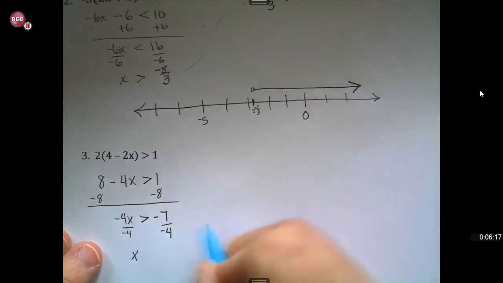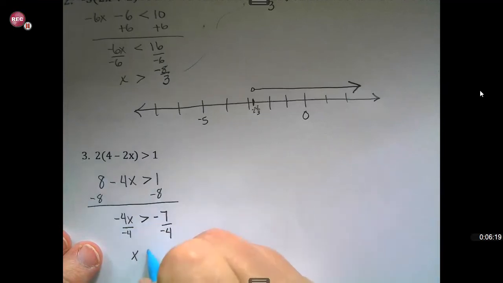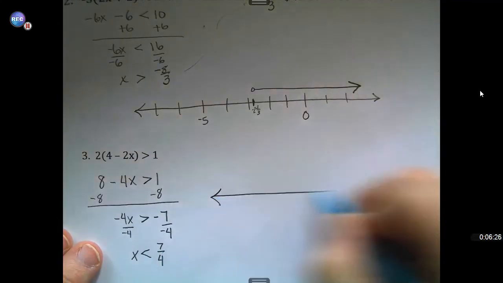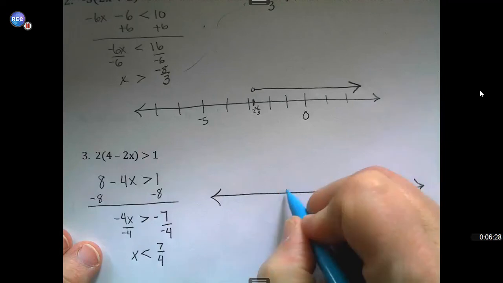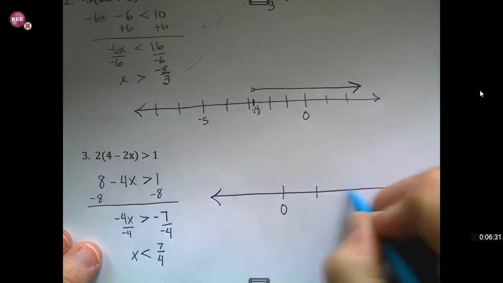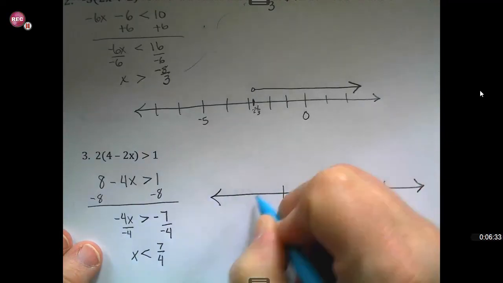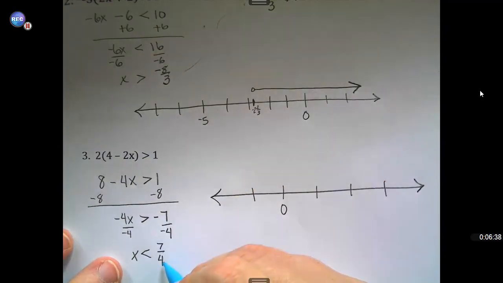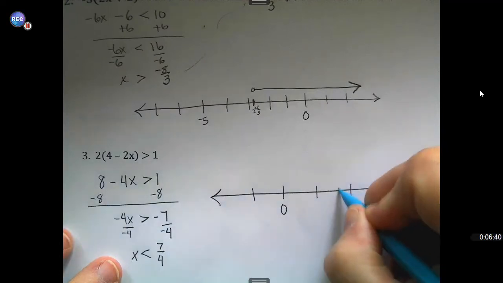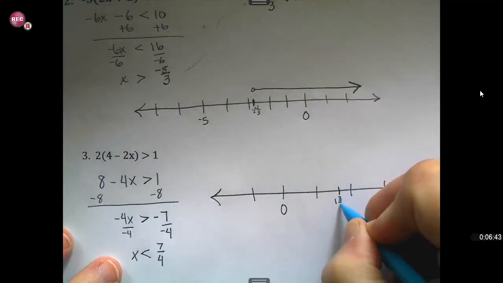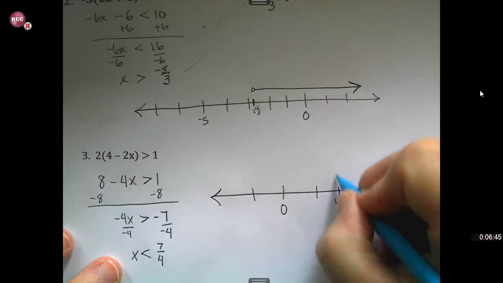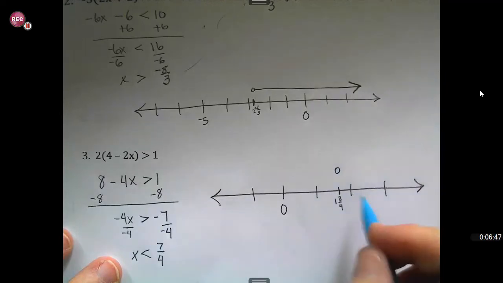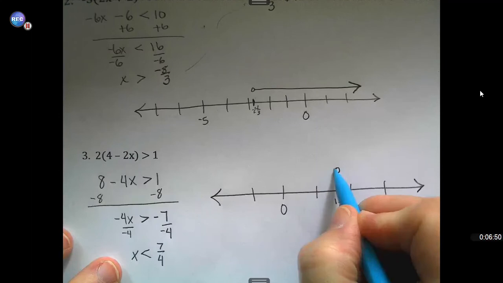X, divided by negatives, flip that inequality, is less than 7/4. And to our number line, 0 here, 2, 3. That's 1 3/4. 1 3/4 goes approximately here, and that's going to be an open circle. And I want less than that.